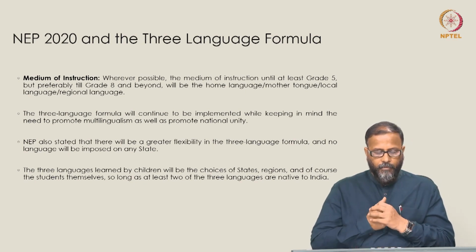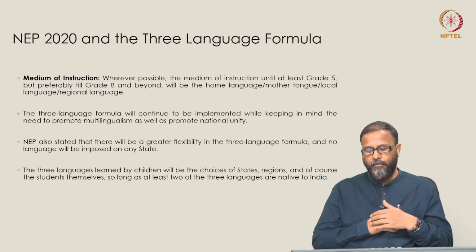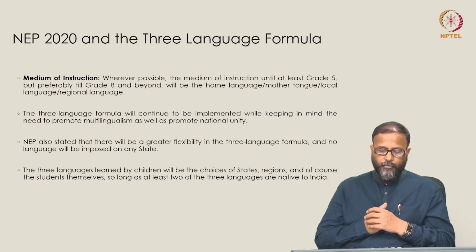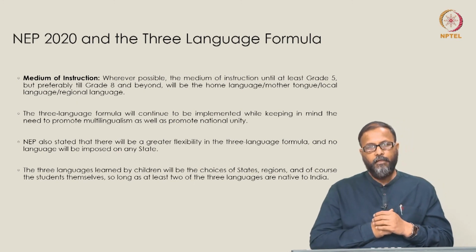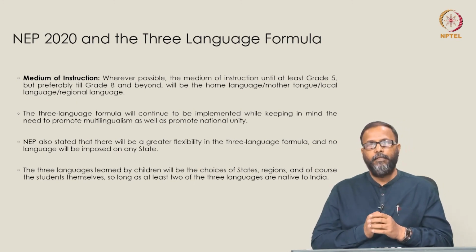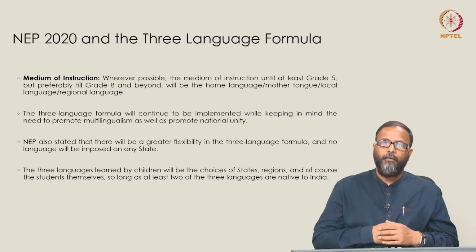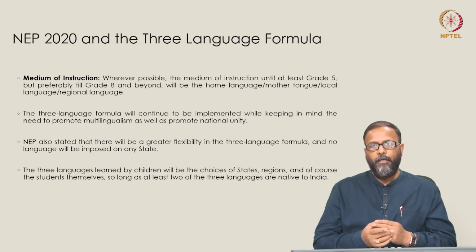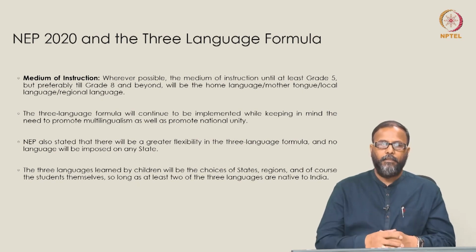And the three languages learned by a child will be the choices of the state, regions, and of course the students themselves, so long as at least two of the three languages are native to India. So out of three, one will be a foreign language, and it is mostly English in all the places, and two languages should be native to India, Indian languages.